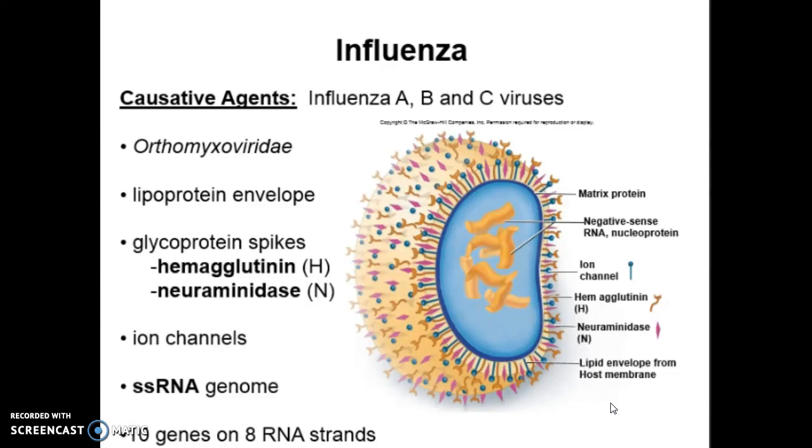Alright, the other thing is that the H and the N actually have their own nucleic acid sequence, alright, their DNA sequence. Even though it's RNA, it's going to be used to make protein, but those can be very different from one virion to the next. So you have different serotypes of the virus.